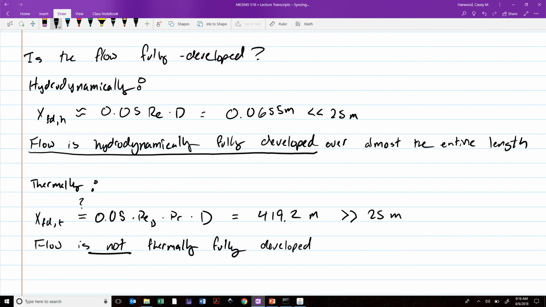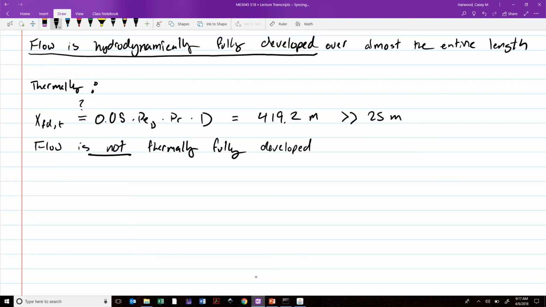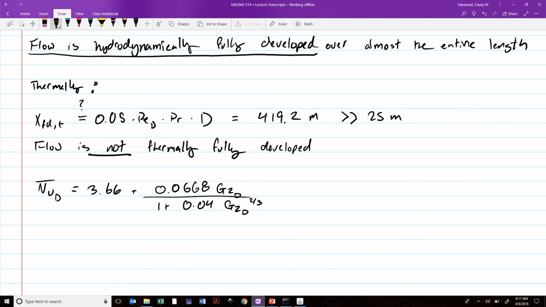Gz. So in order to use this equation, right, that the mean Nusselt number based on diameter is equal to 3.66 plus 0.0668 Gz based on diameter over 1 plus 0.404 Gz based on diameter raised to the 2/3 power.